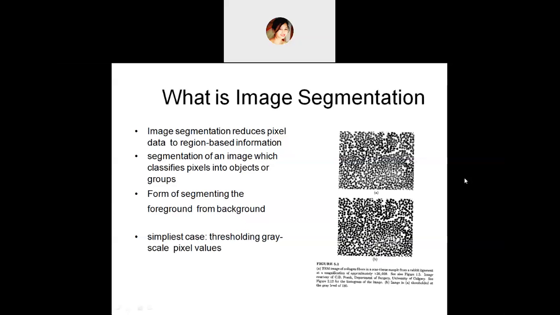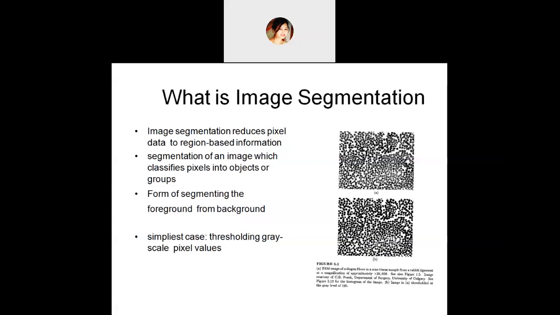That is grouping of pixels in one region. When we say region in digital image processing, it means a group of pixels. Say we have a lot of pixels in an image.